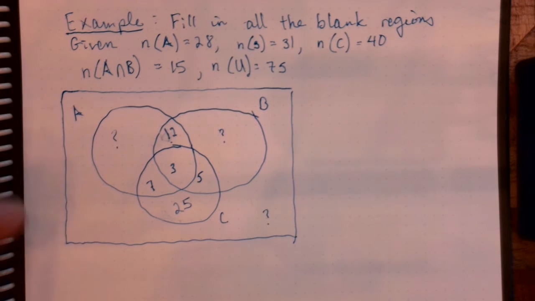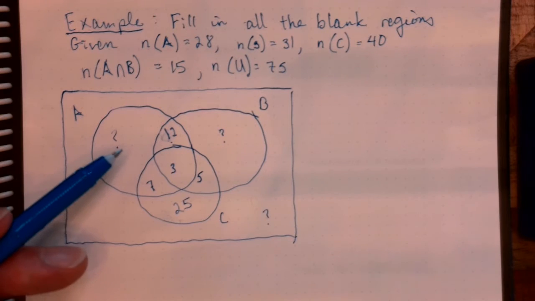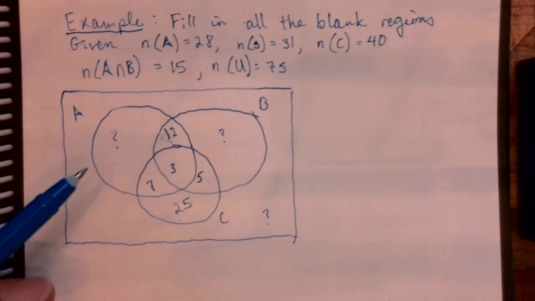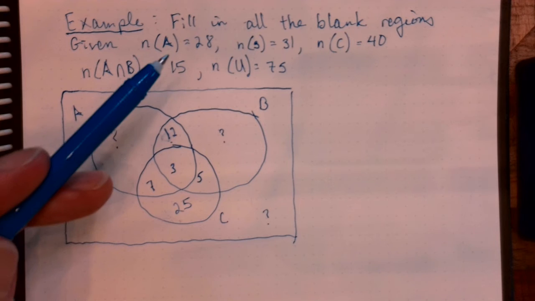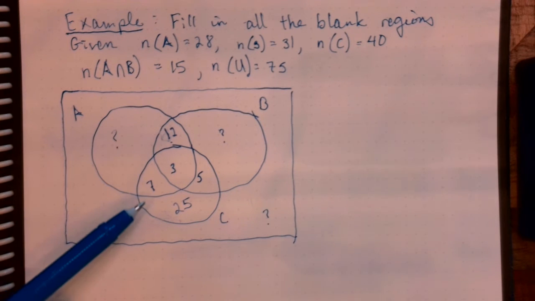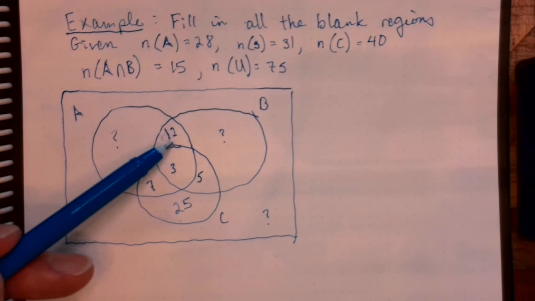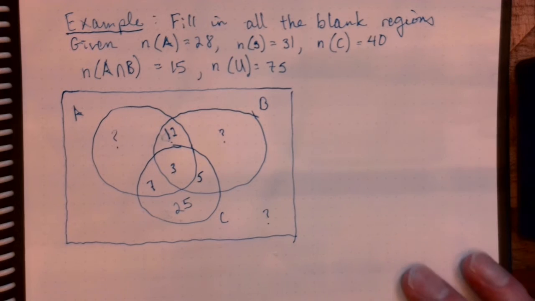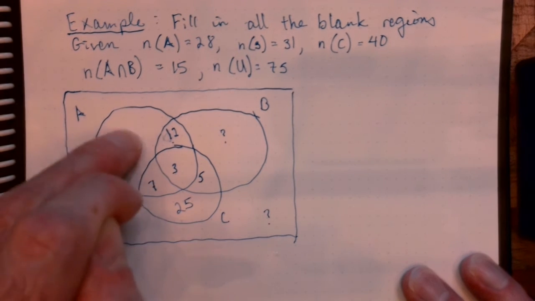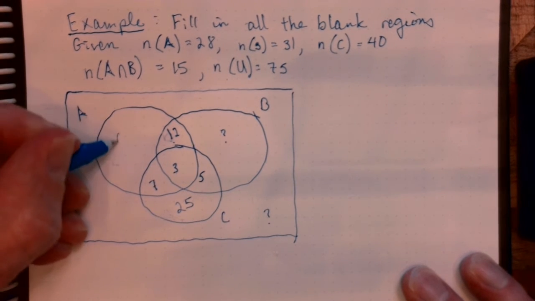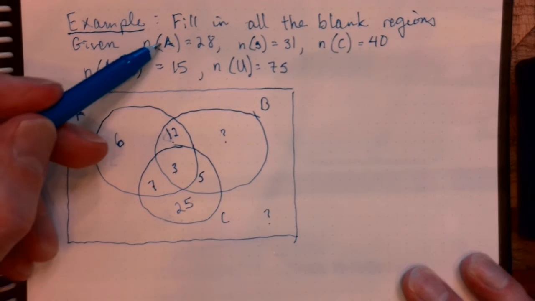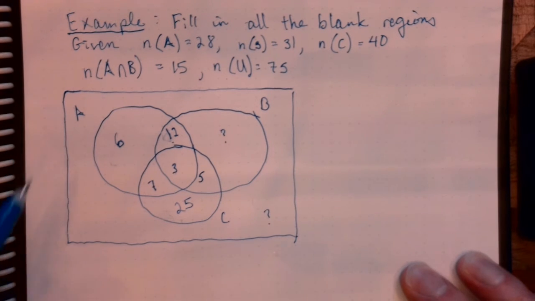Now we're going to apply similar reasoning to get the remaining blanks filled in. They tell me there's 28 things in the set A. Let's look at how many we've accounted for here: 7, 10, 22. We've already accounted for 22 things in the set A. So that must be 6, because we know that the total has to be 28.